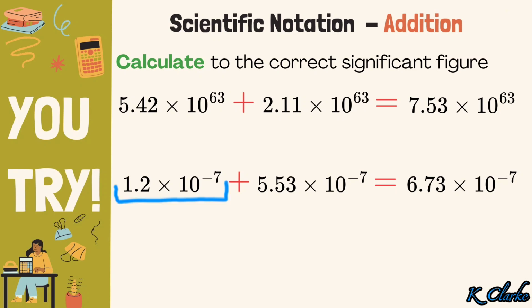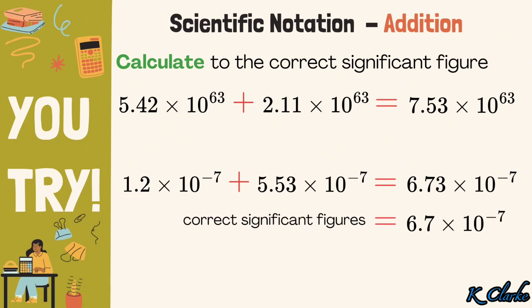The first value has 2 significant figures, while the second value has 3 significant figures. Therefore, the answer should have 2 significant figures. The final answer to the correct significant figures is 6.7 times 10 to the power of negative 7.